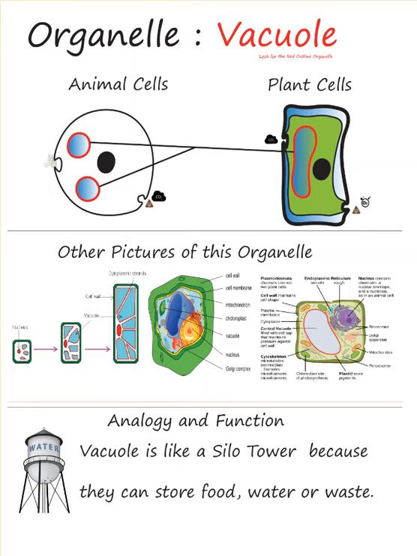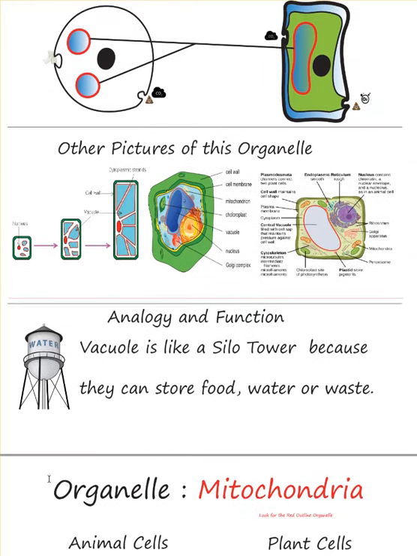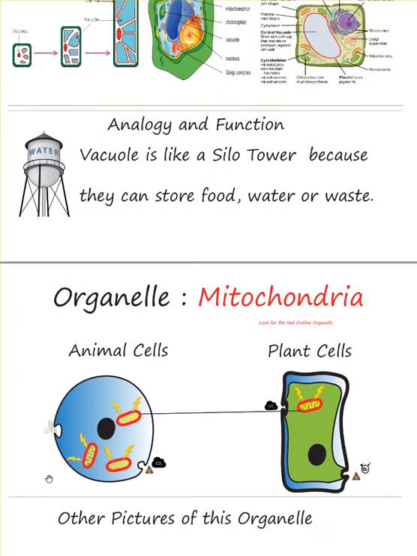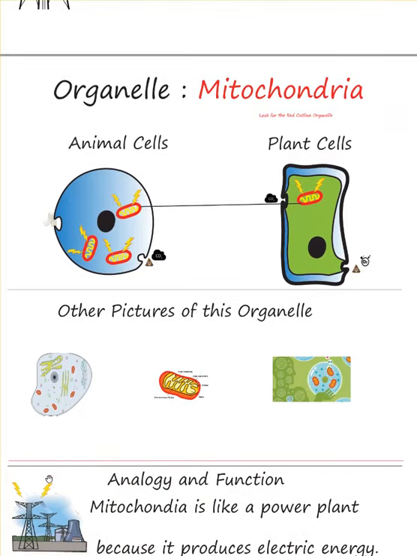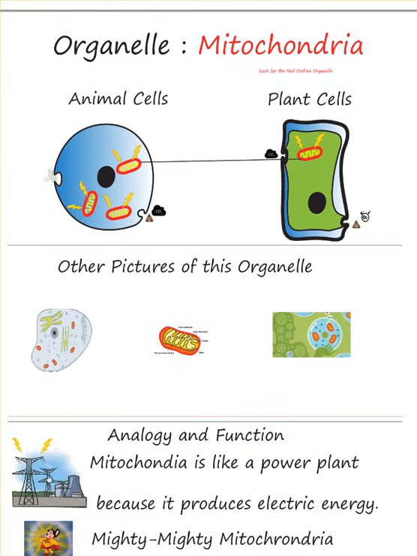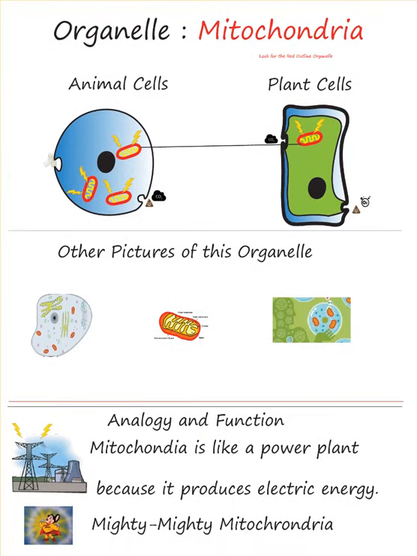Okay, continuing to our next organelle, which is the mitochondria. It's always fun to say mitochondria, so you can say it with me, mitochondria. And the mitochondria is the organelle that provides all the energy for the cell and for the organism.